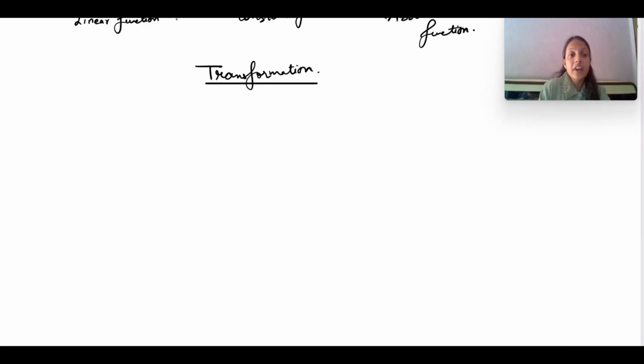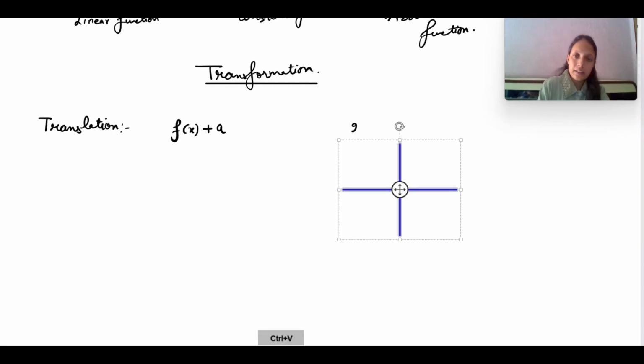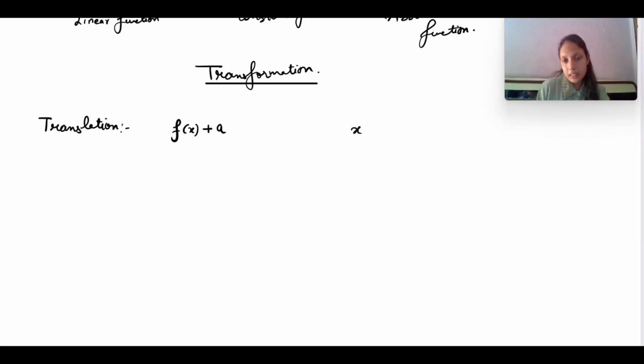So let's write the translation. I have f(x), a parent function. Something is added, so it may be a constant term added at the end, or a constant term subtracted instead of added. Let's see an example: x plus 1. x is the linear parent function f(x) equals x.